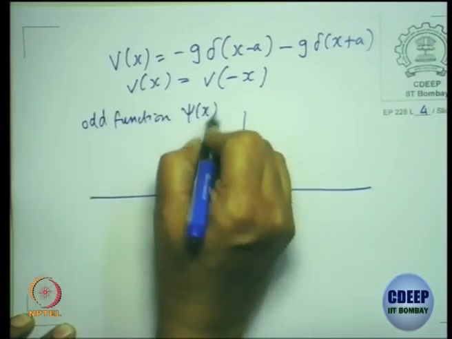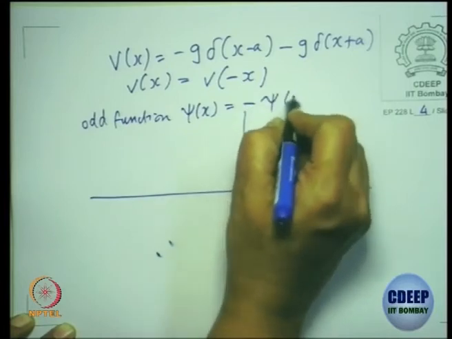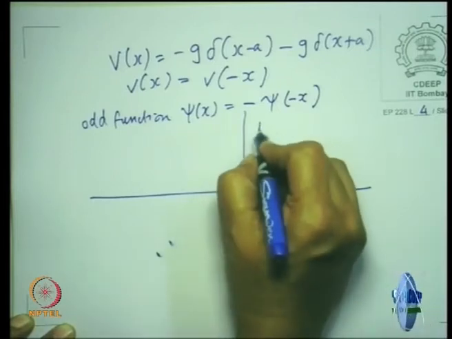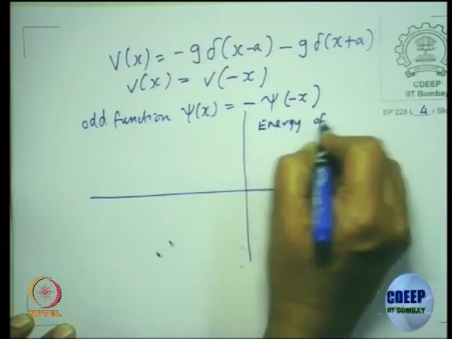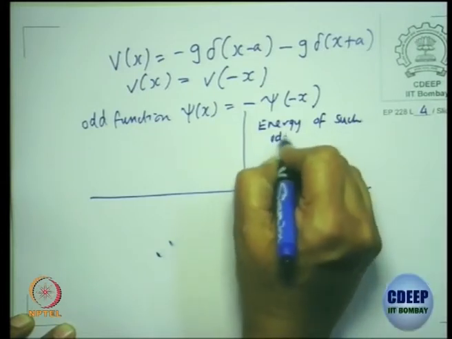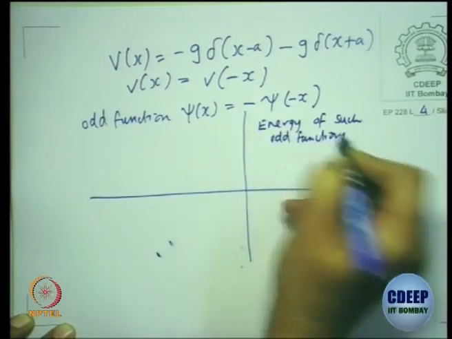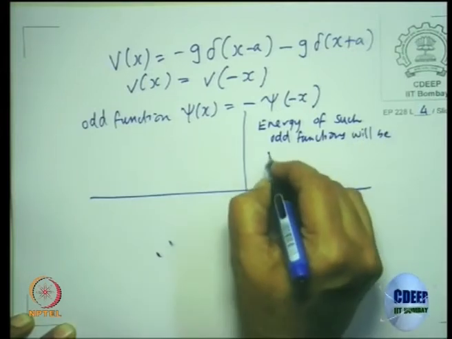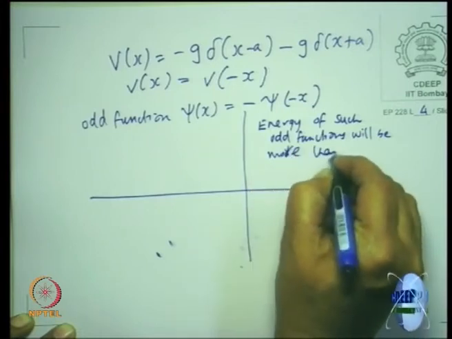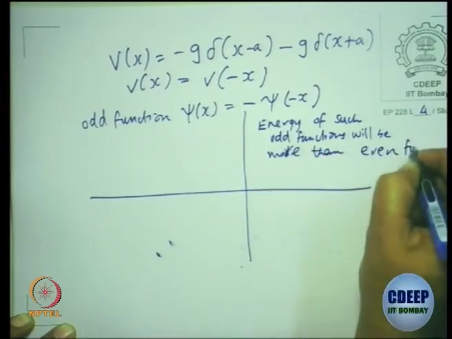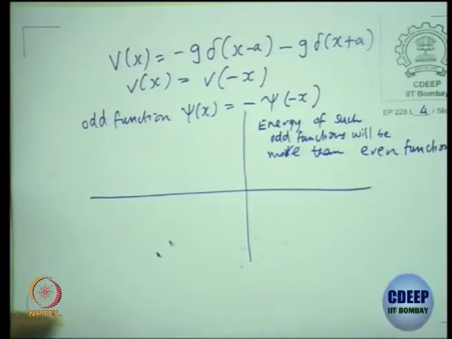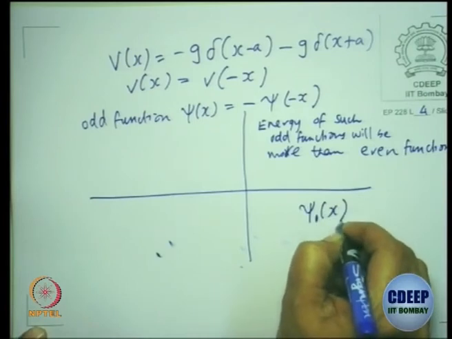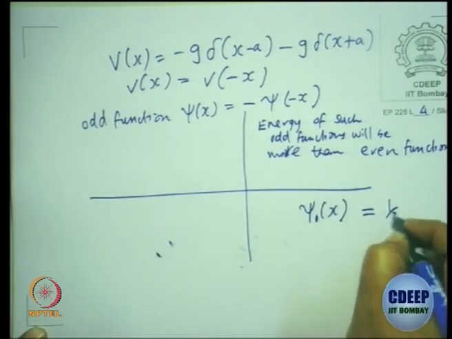psi of x equal to minus psi of minus x, you will find the energy of such odd functions will be more than even functions, or equivalently your ground state psi 0 of x energy was half h cross omega, right?